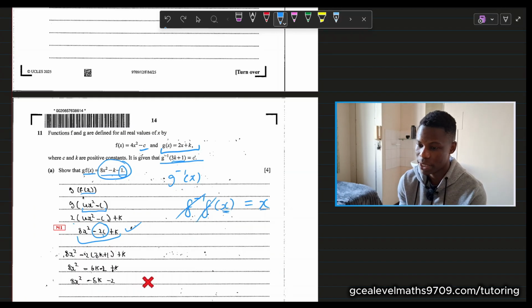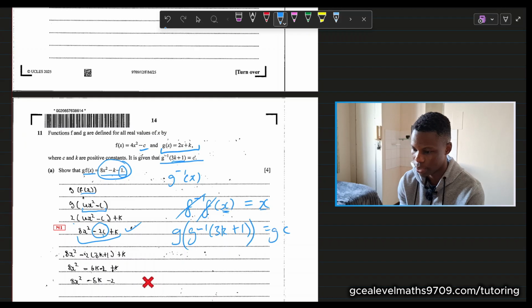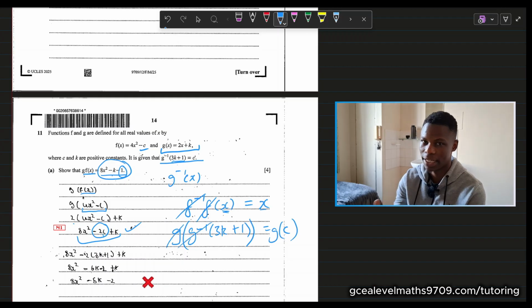So the way you'd have used that idea is to say, here we've been given that g inverse of 3k plus 1 is equal to c. If I apply g to both sides, because what you do on one side you do on the other, you can cancel out g and g inverse, because an inverse function undoes the operations of the original function, so they cancel each other out.